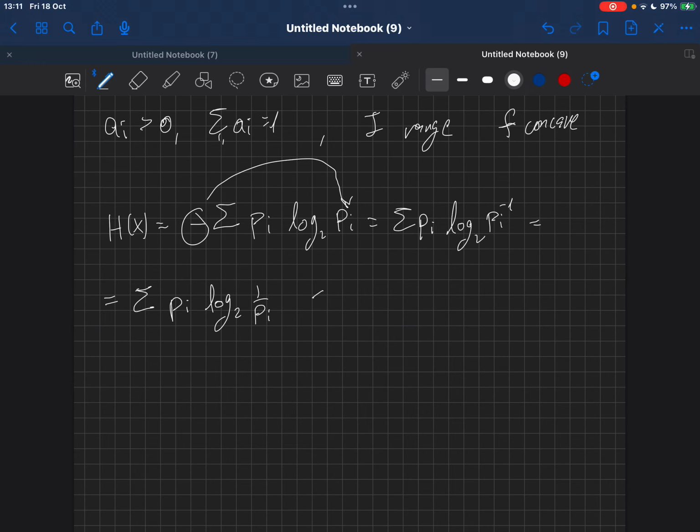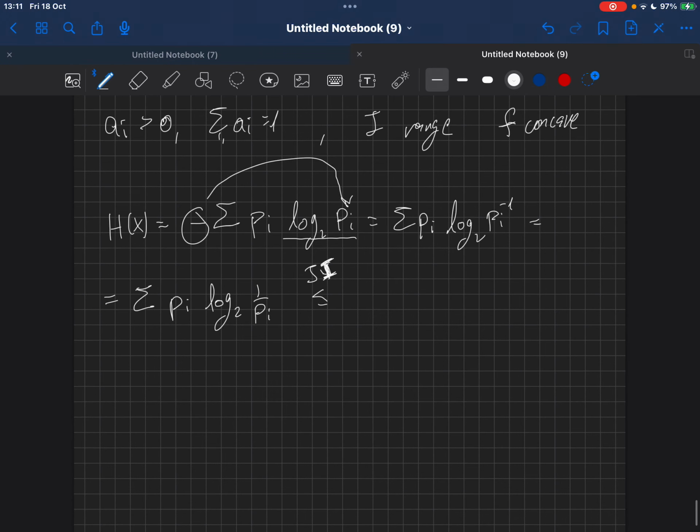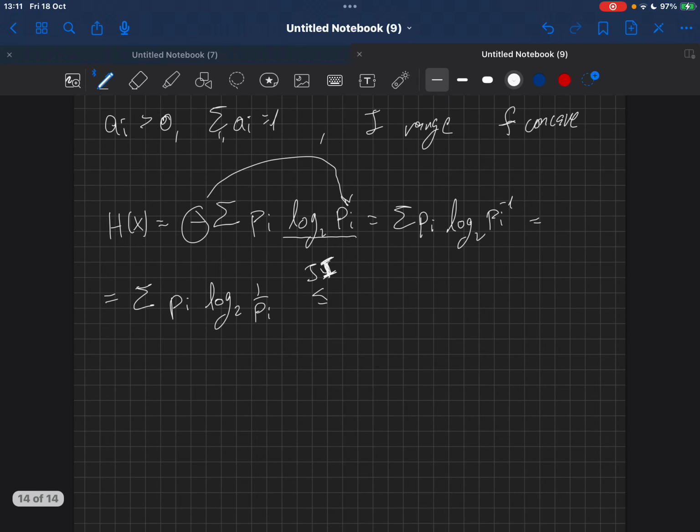This I can say is less than or equal, based on Jensen's inequality. And why can I use it? Because log base 2 is a concave function. You can take the second derivative and see that it is always concave.